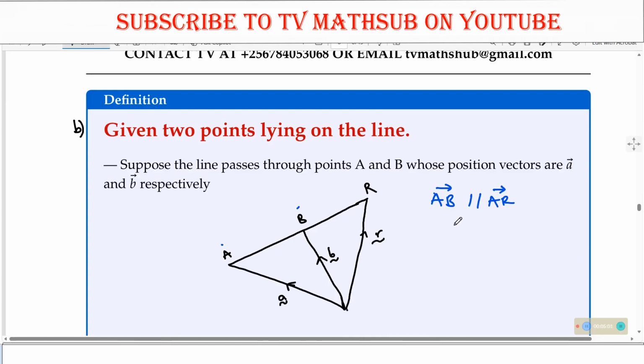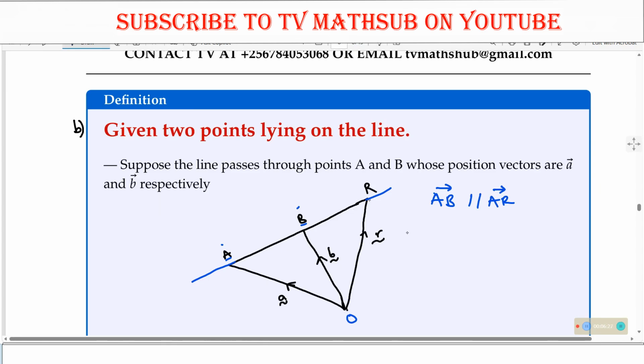So this is what majorly we want to talk about. You are having two defined points, A and B, which are lying on the line. This is the line that we are talking about. On this line, you have got 2 points, A and B, with these position vectors from the origin.